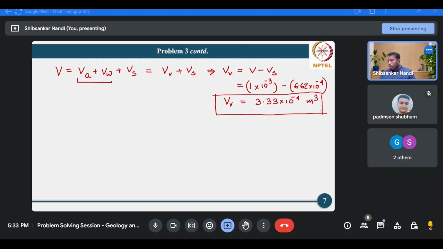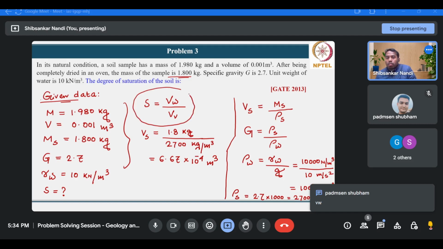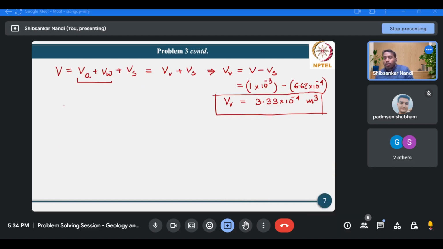Okay. Now what is the additional component we need to know before calculating the degree of saturation of the soil? We need to know the volume of water as well. So how can we calculate this volume of water?